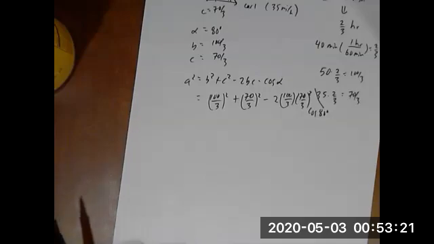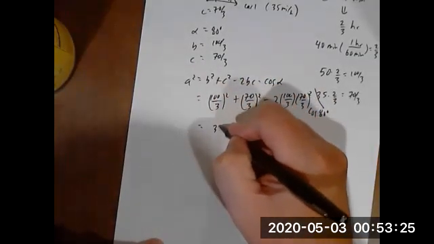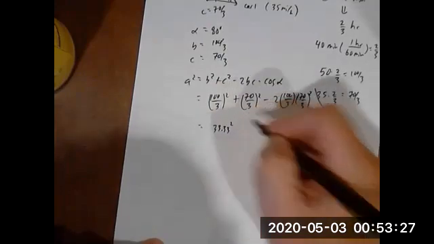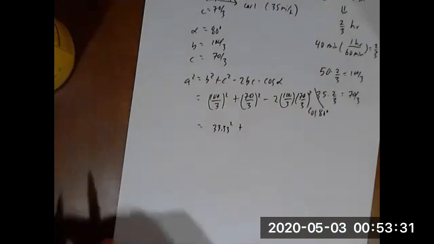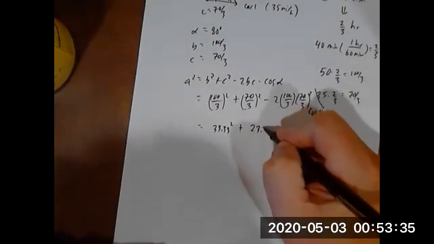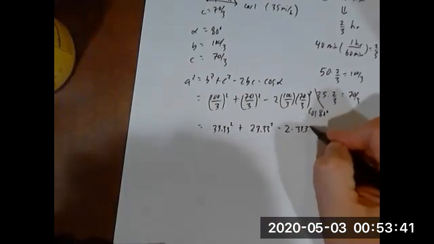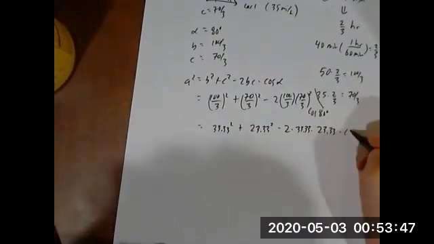100 divided by 3 is actually 33.33 squared. 70 divided by 3 is 23.33 squared. So this is 2 times 33.33 times 23.33 times cosine of 80 degrees.